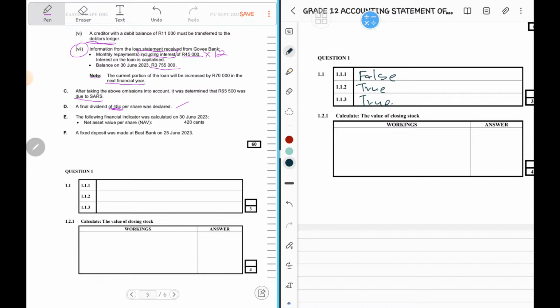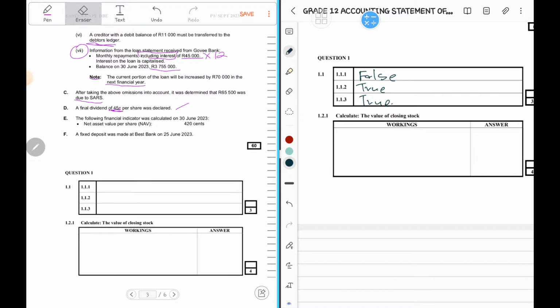Then we are to divide the shareholders' equity by what? By the number of shares in issue at the end of the year. So we are going to find how we are going to do this one. So this one, it's very simple.